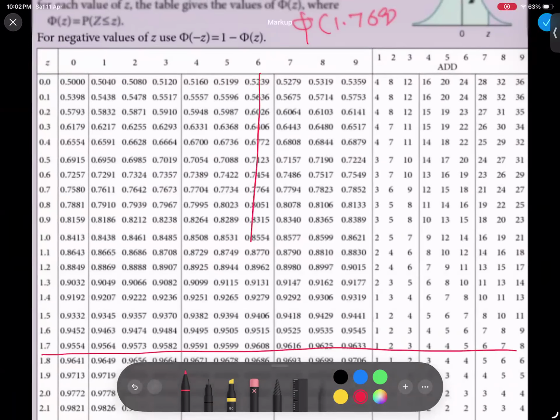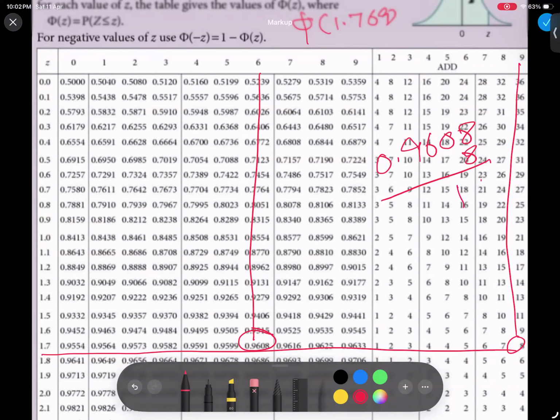The 6 comes from here, and the 9 comes from the last number, 8. So 0.9608, and again 8. Hold on, let me check once again. 1.769, 1.76 and 9. Yes, correct.